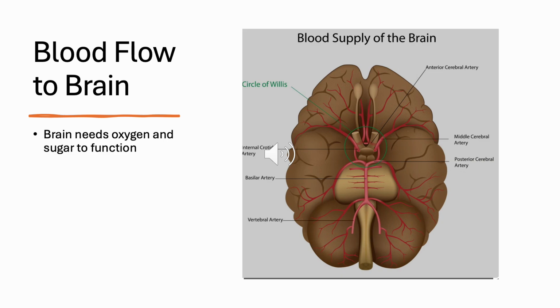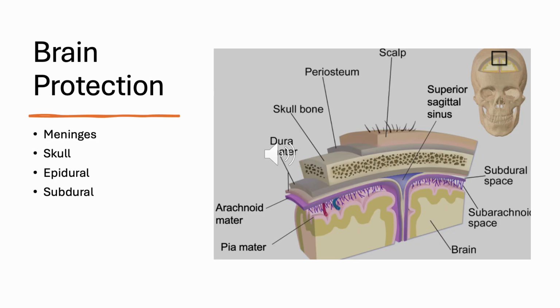It's amazing. The brain has protection, right? We have a thick, rigid skull, which provides protection for the brain. We have the meninges, which are membranes that encase the brain inside the skull. And the epidural space is the potential space between the skull and the dura mater, and there's arteries in there.